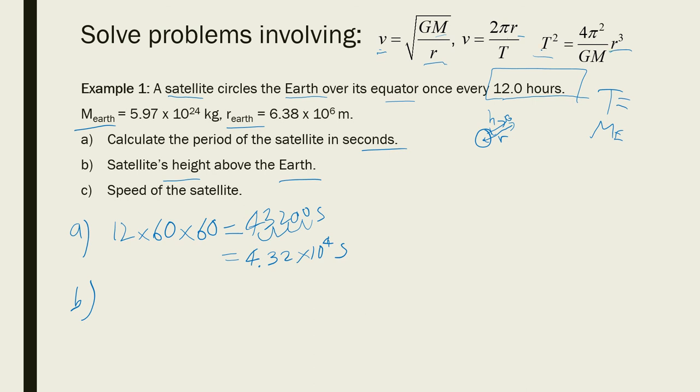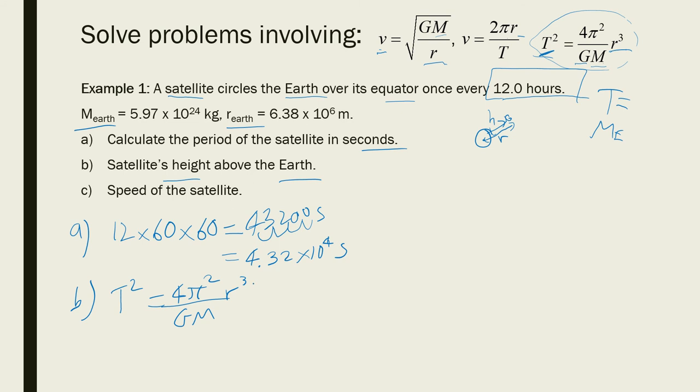This one has period, which we know, G, which is a constant, big M, which is the mass of the central body, in this case the mass of the Earth. So we can use this equation. T squared equals 4 pi squared over GM times R cubed.